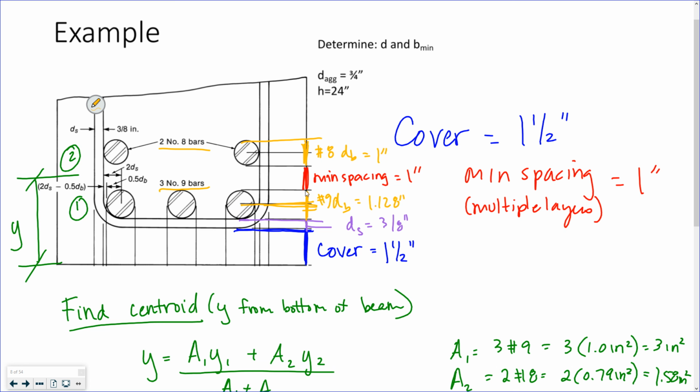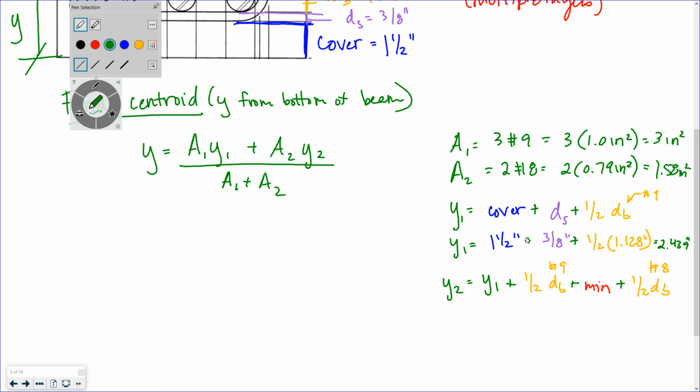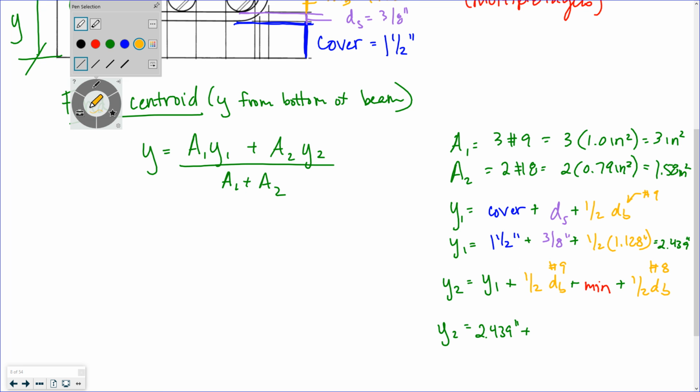I need another 1/2 of a number 9, my minimum spacing, and 1/2 of a number 8, which is 1 inch.